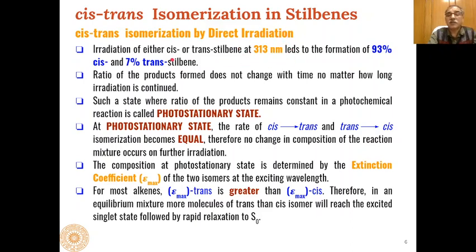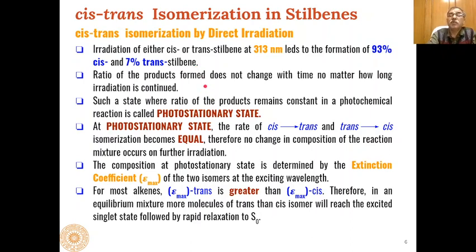When direct irradiation of either cis or trans stilbene is done at this wavelength, we will get a mixture where we will have 93% of the cis product and 7% of the trans product, present in the mixture of these cis-trans isomers.